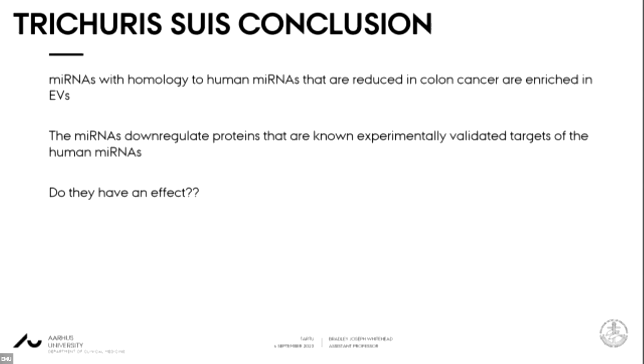They downregulate proteins that we know are targets of the human microRNAs. We still need to find out if they actually have an effect. But it's a little bit tricky with colon cancer. We've not quite found a model that we could use at the moment, but we're still working on it.